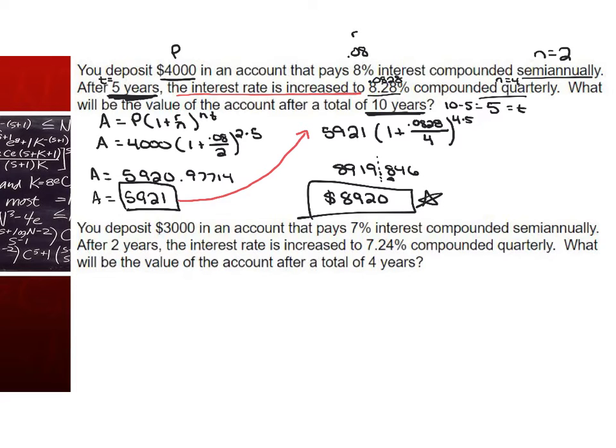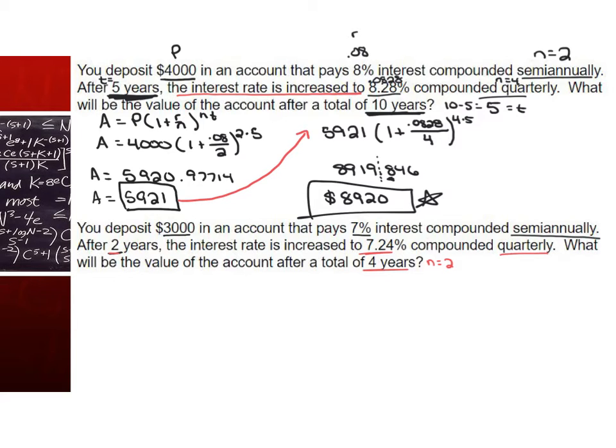Now you try your problem, where you start with $3,000 at 7% compounded semi-annually for 2 years, and then it increases to 7.24% compounded quarterly, for a total of 4 years, which is just 2 more years than the 2 you had here.